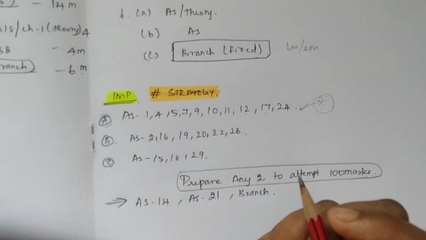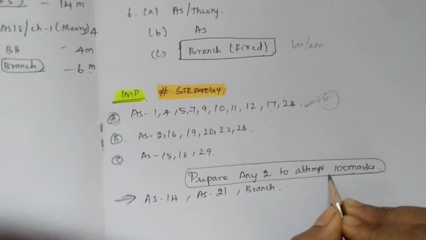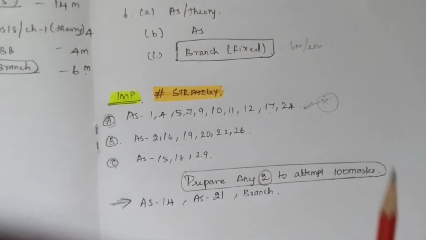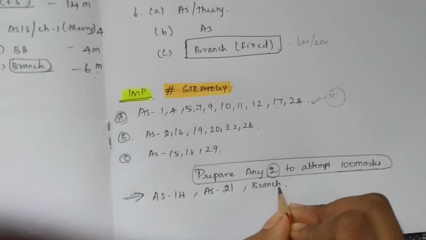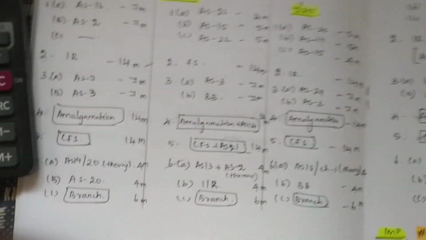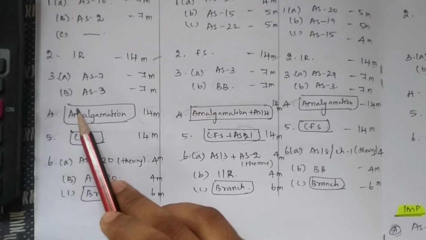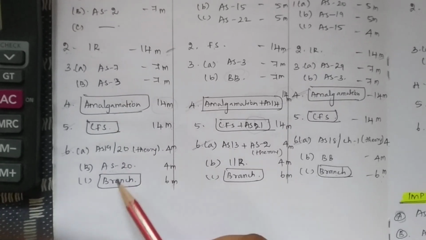And one more trick that I want to share with you is, if you want to attempt the 100 marks paper, then you have to prepare any two. That is sufficient. That is, either do AS 14, AS 21 or branch. Because if you are thorough with amalgamation as well as consolidated financial statements, you will be doing this only.